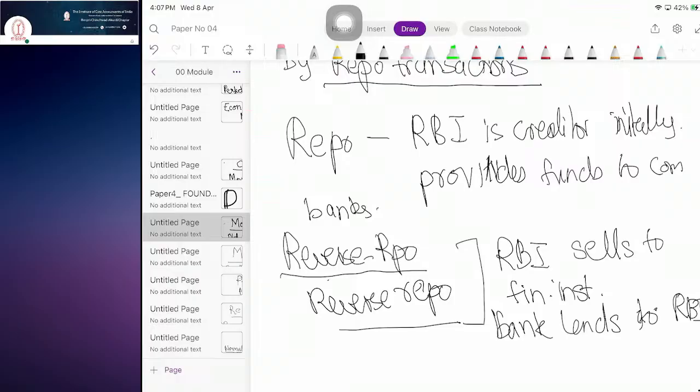Okay, so let's look at what options there were for the reverse repo transaction. Sale of securities by the holder to the investor with the agreement to repurchase them at a predetermined rate and date. That's also right. Sale and purchase of securities by the holder to the investor with the commitment to sell or purchase them at a predetermined rate and date.